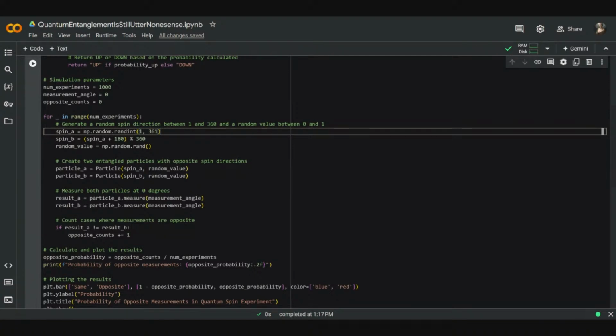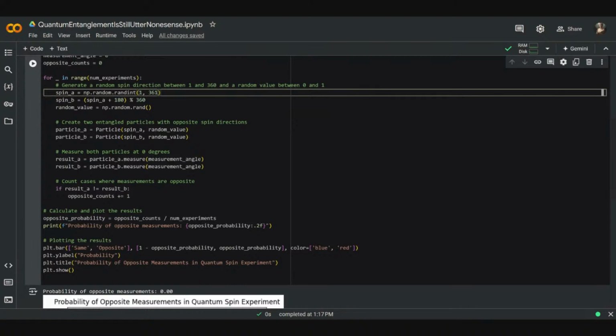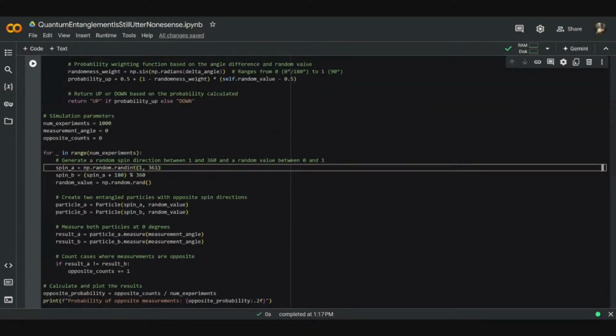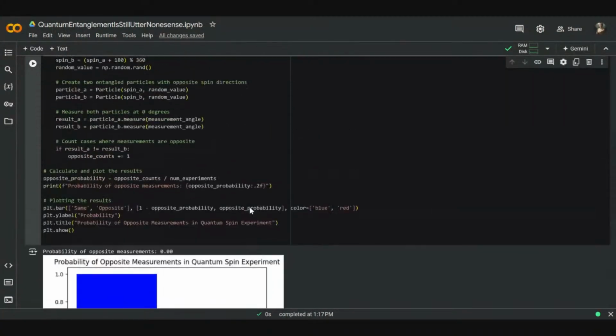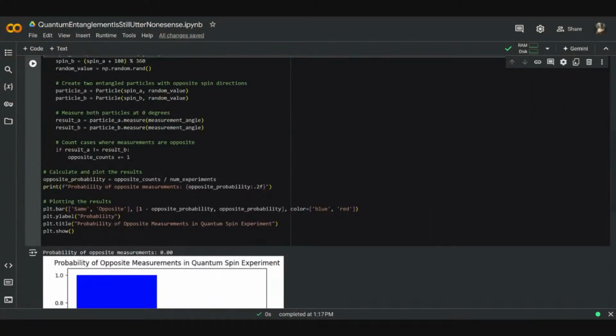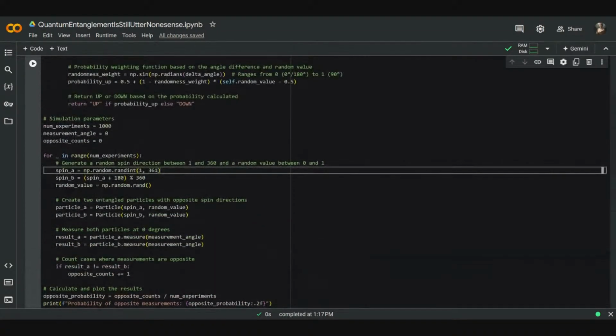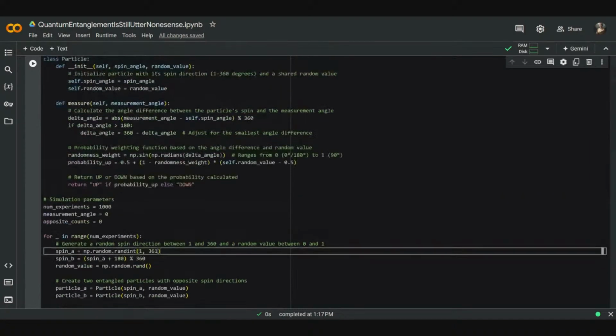Opposite counts. Where is it storing the data? Oh, it's not. It's just storing the count. So it's just counting. Now, opposite probability, opposite over number of experiments, that's fine. Everything is fine. Okay, so the problem can only be here.